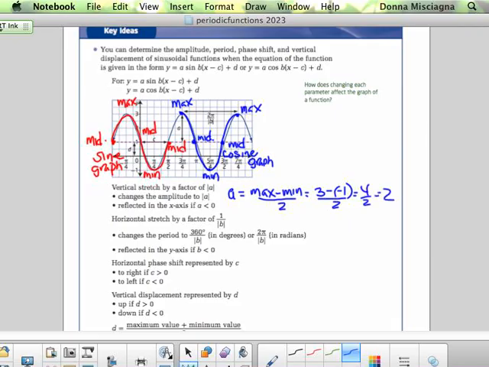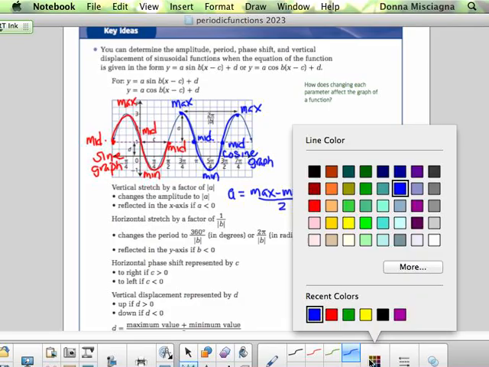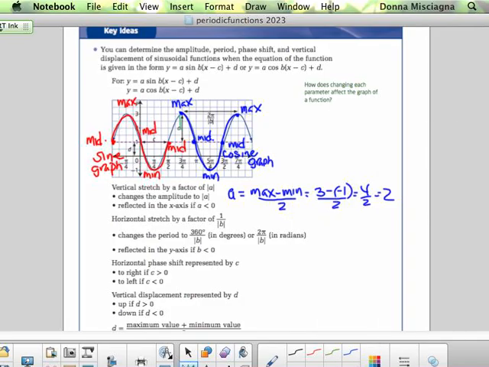You can see it on the graph labeled with the A. Right, so the amplitude goes from, I need another color. How about this green? All right, you can see it right there. It goes from 1 to 3, so that's an amplitude of 2. All right, so we have our amplitude for both graphs.